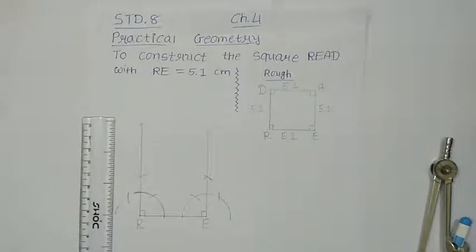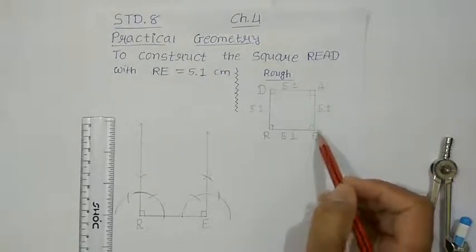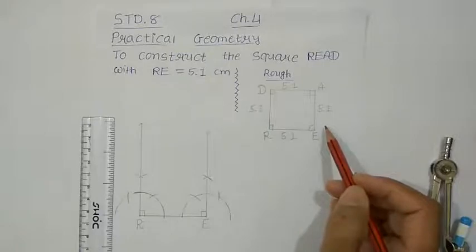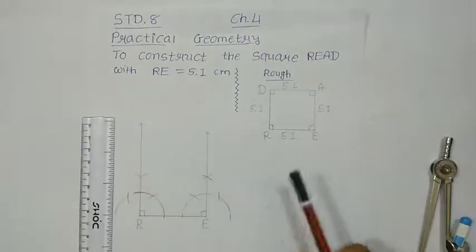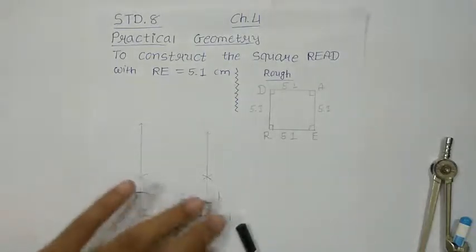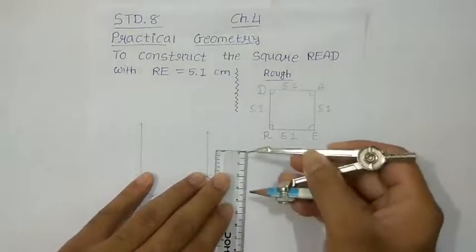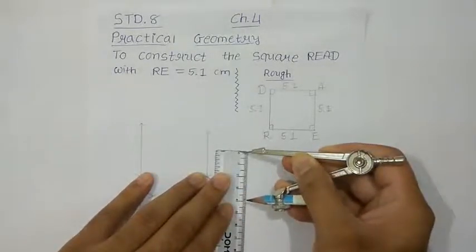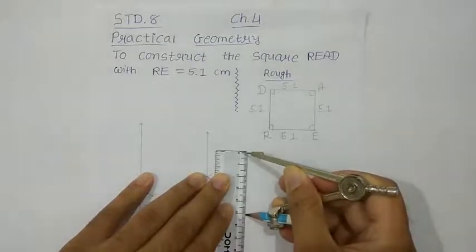Now AE is a distance of 5.1 centimeter. Also here RD is 5.1 centimeter. So we have to measure 5.1 centimeter on the scale. This is 0, this is 5 and this is 5.1.